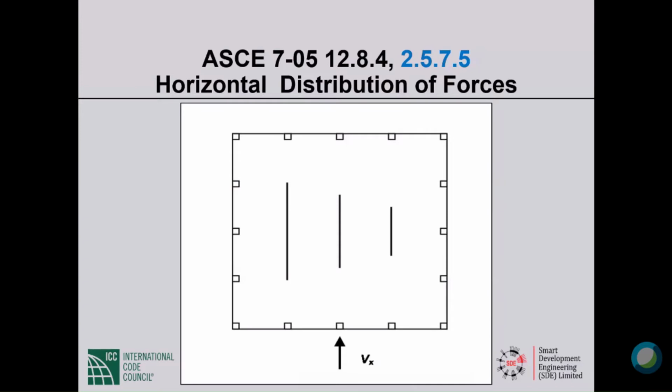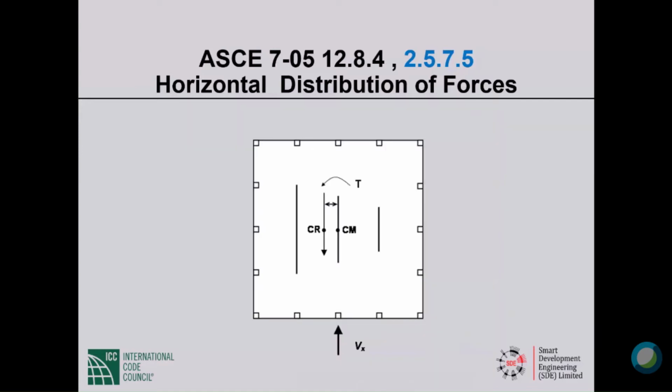Okay, that's basically what it means. If the diaphragm itself is stiff, then the distribution is according to their relative lateral rigidities. If the diaphragm is flexible, flexible versus rigid diaphragm are defined in the code, then the distribution will be according to tributary areas, not the relative lateral rigidities.